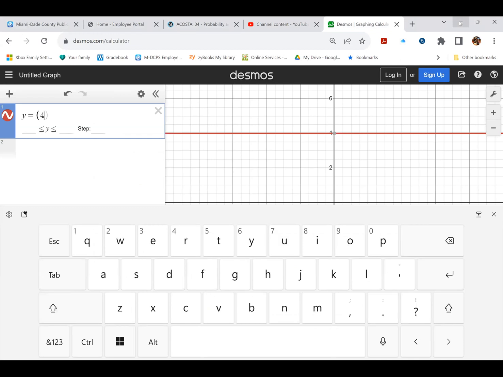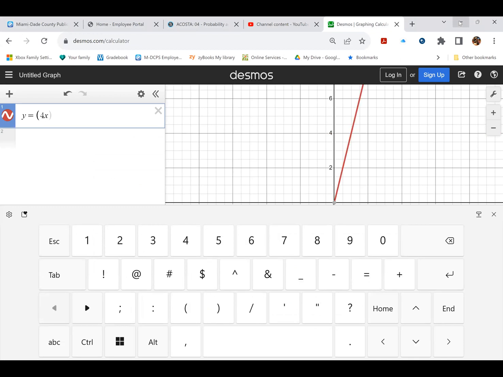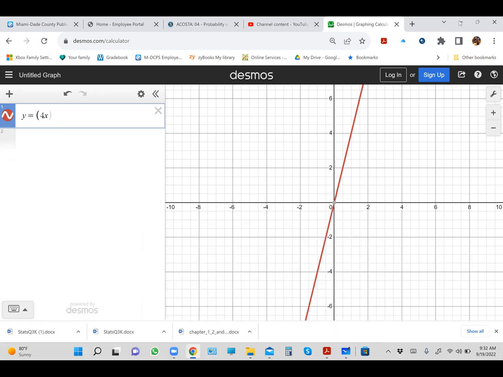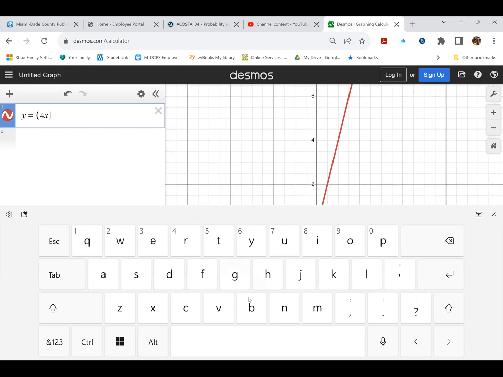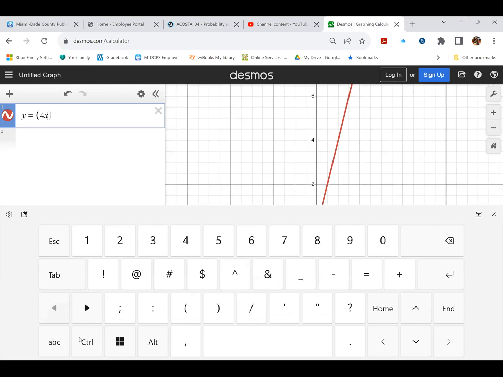4x minus 3. Oh my gosh, look where I put it. 4x minus 3. No! I just want minus. Where's minus here? Well, I'm just going to go ahead and put plus -3 because this is not working.